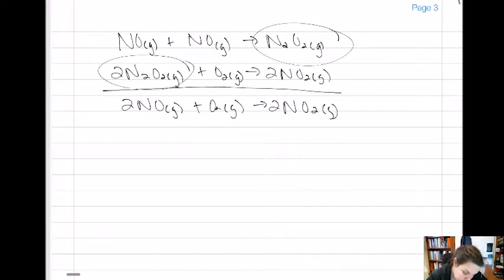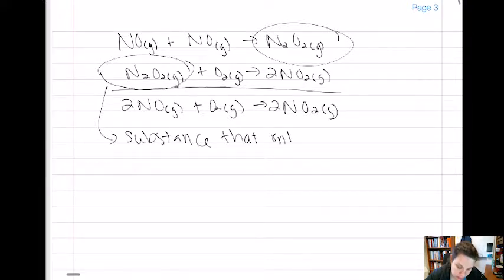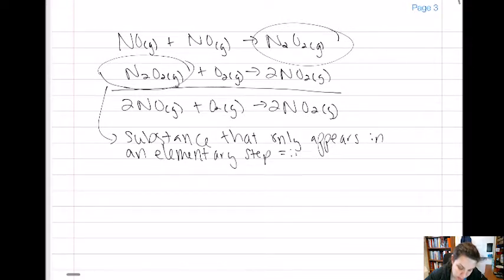Actually, not sure why I wrote that. It's missing this substance right here. This substance that only appears in elementary steps is called an intermediate. So, as I said, this would be an elementary step.